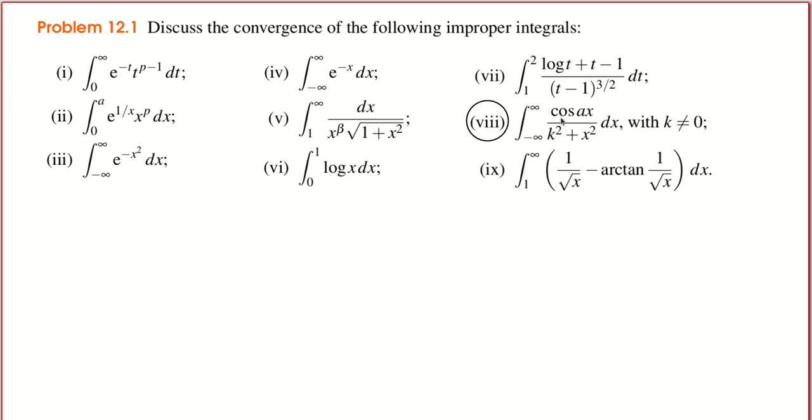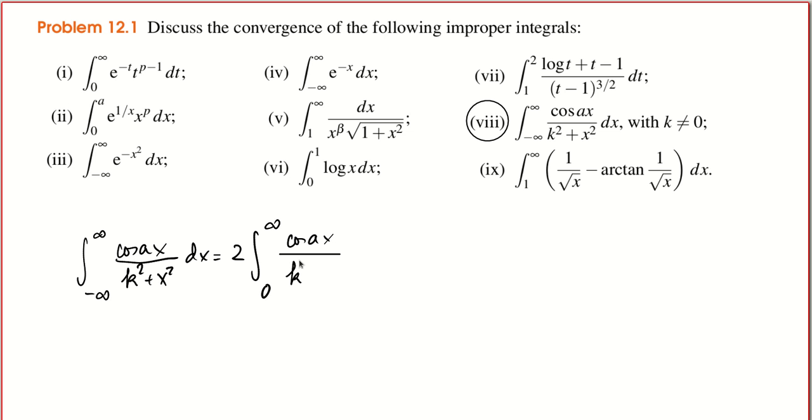However, notice that this is the cosine. This is a cosine and therefore is an even function. And this denominator here depends on x squared, so it's also an even function. So the integrand is an even function and the interval is symmetric, which means that we can study this integral studying only half of it, because this would be twice the value of this integral here, cosine ax over k squared plus x squared dx.